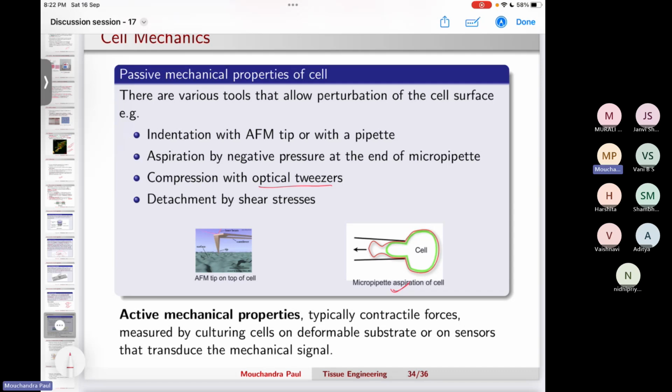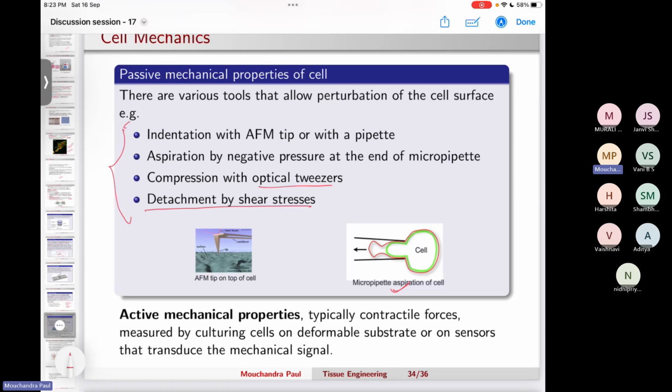There can be some other, so all these techniques that I said are passive techniques. Means you're not exactly measuring the mechanical properties directly. Indirectly, you are going to do, for example, detachment by shear stress.